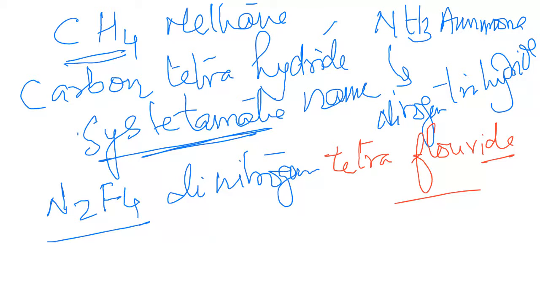The last is the spin quantum number, which gives the spin; only 2 spins are possible, plus half and minus half. That is all about the quantum numbers. Also you should know the different laws and principles: Hund's rule, Pauli exclusion principle, Aufbau principle. You should know at least the definition of these.